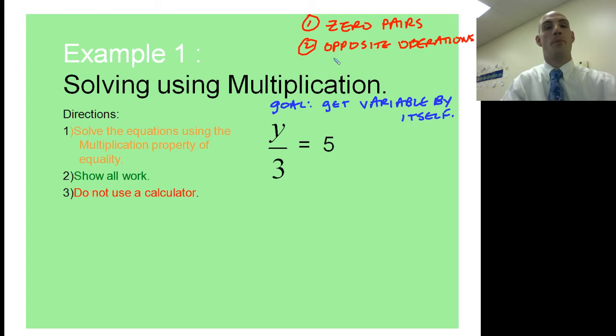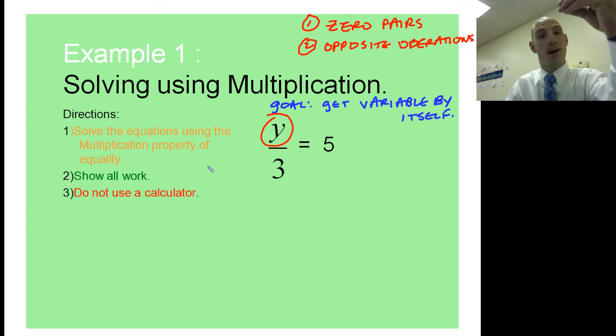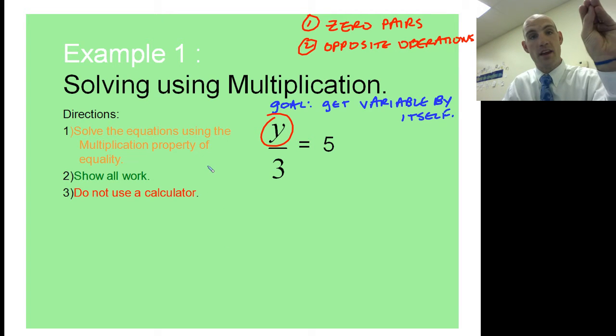Opposite operations are operations that undo one another. Well, multiplication undoes division. If I divide a pizza in half and then I multiply by 2, it's the same as undoing it. And so in this equation, I want to get y by itself. This is what I want by itself. Well, what happens is we're dividing that y, whatever it happens to be, by 3.